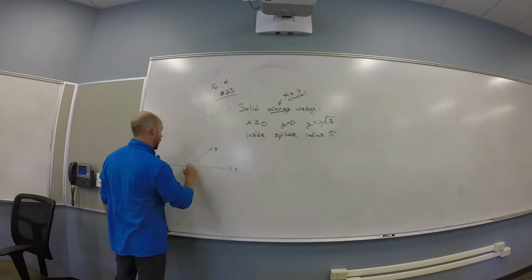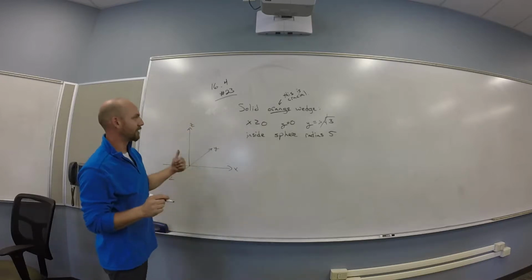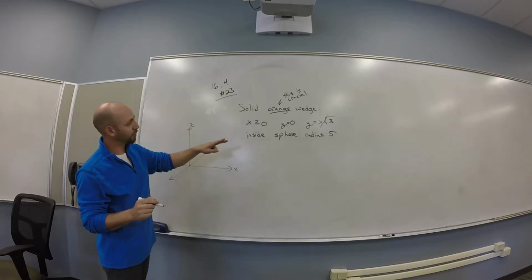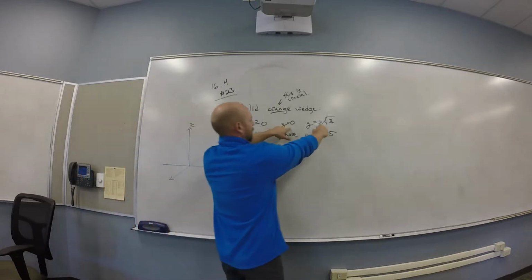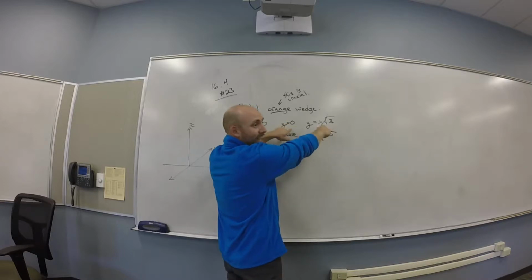Okay, so x, y, z. x is bigger than 0, so I'm on the right-hand side. The y's live between 0 and, ooh, what are these? Planar bounds. Those are planes, right?